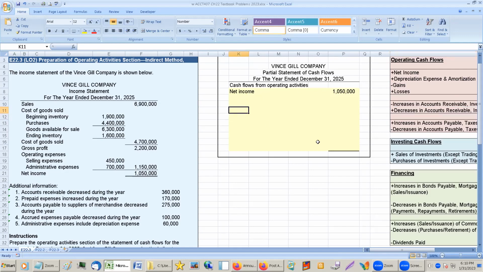We'll put it here. I'm just gonna put it equal and see what happens. Hey, look at that. That doesn't look too bad. Yeah, you're absolutely right.